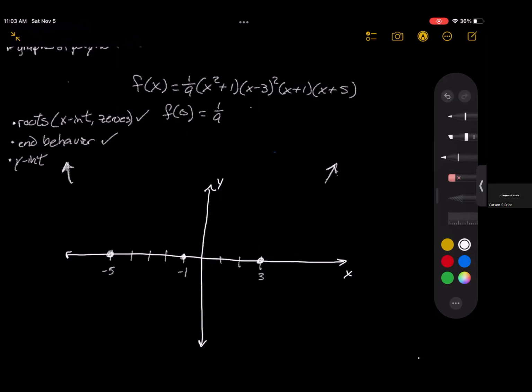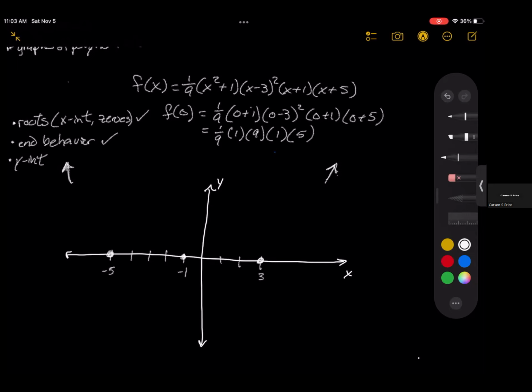I get 1/9, 0 squared is 0 plus 1, 0 minus 3 squared, 0 plus 1, 0 plus 5. And we can go ahead and simplify this, hopefully. What do we get? A 1, a minus 3 squared, so that's a 9. A 0 plus a 1 is a 1. And a 0 plus a 5 is a 5.